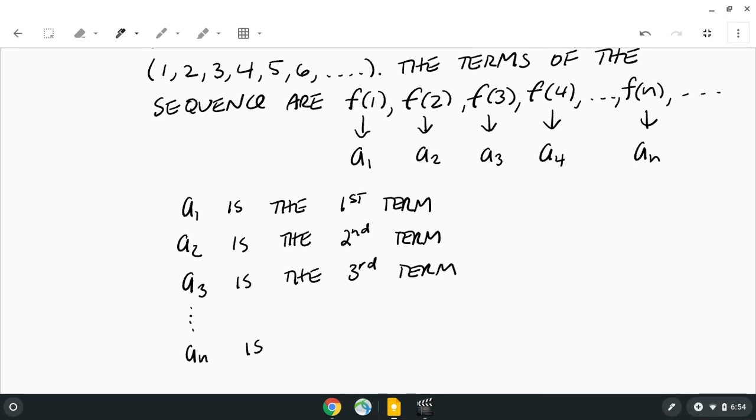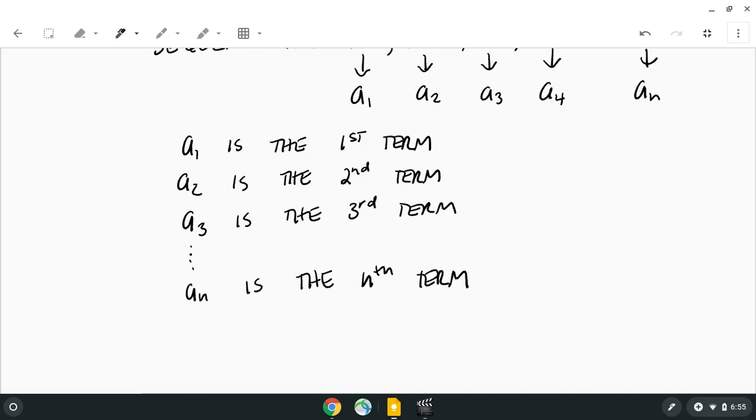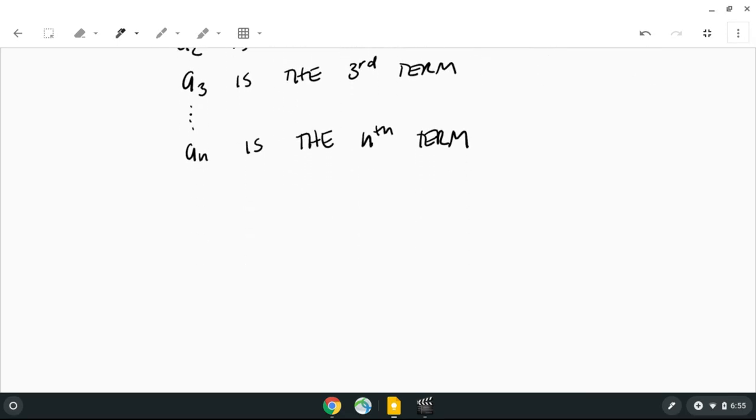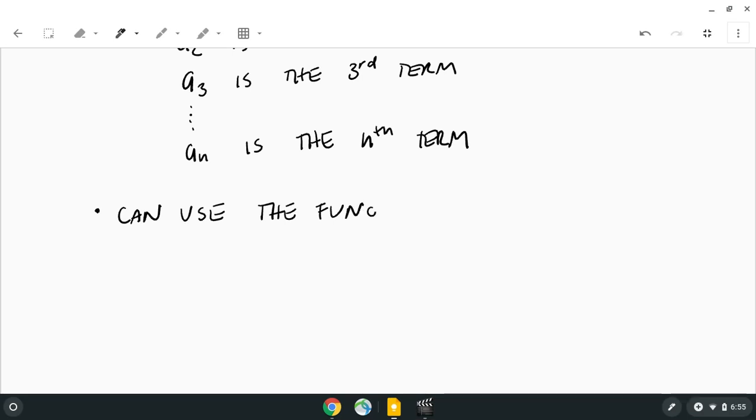And whatever that n number is, it will be the nth term. And we can use the function to define the sequence.